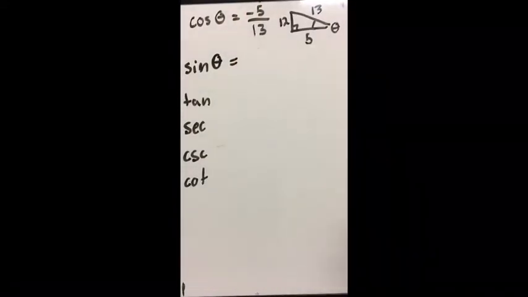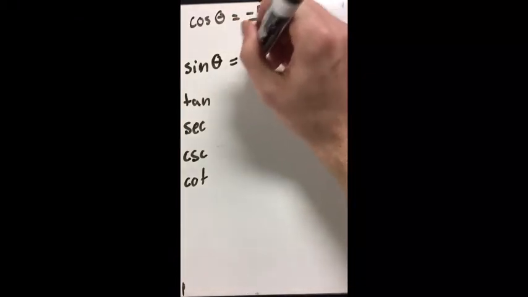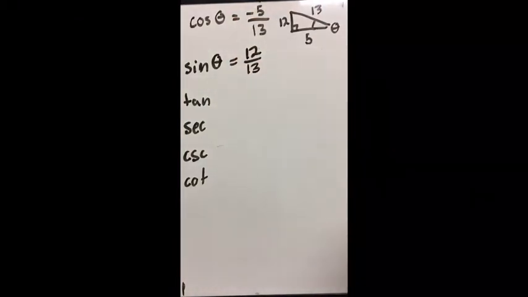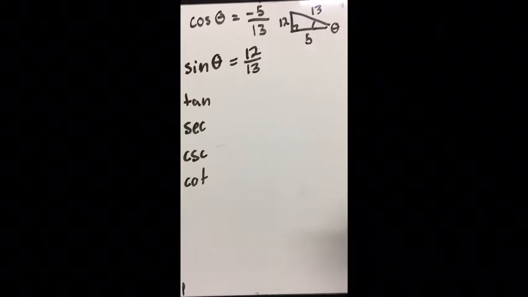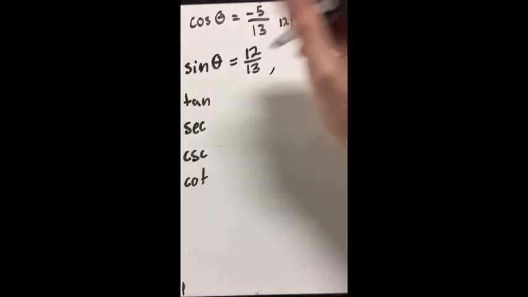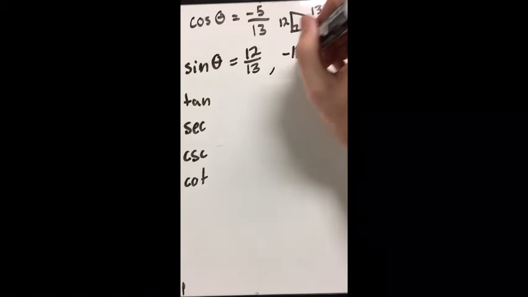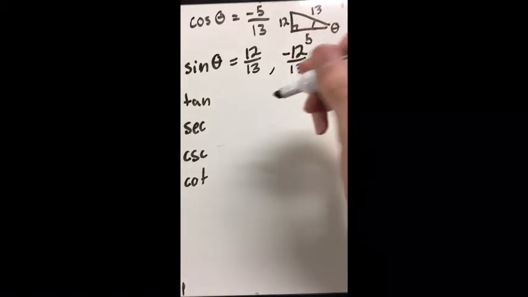Sine of theta is equal to the opposite side over the hypotenuse. Therefore, 12 over 13. But as we can recall from before, theta can either be in quadrant 2 or quadrant 3. In quadrant 2, sine of theta will be positive, but in quadrant 3, it will be negative. So, sine of theta can also equal negative 12 over 13.